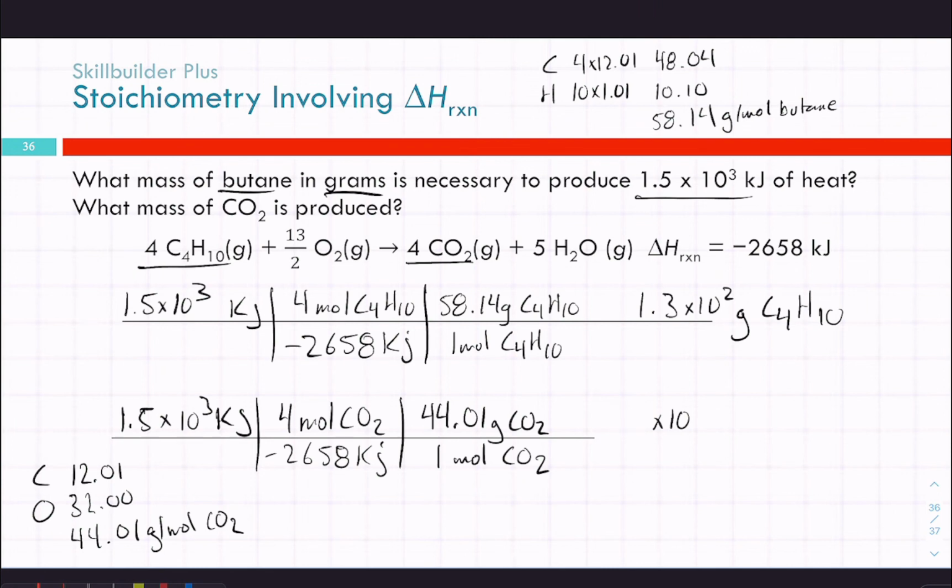Oh, no. Yeah, 2 sig figs, okay. 99 grams of carbon dioxide. So you could go on to solve this for water and oxygen also.